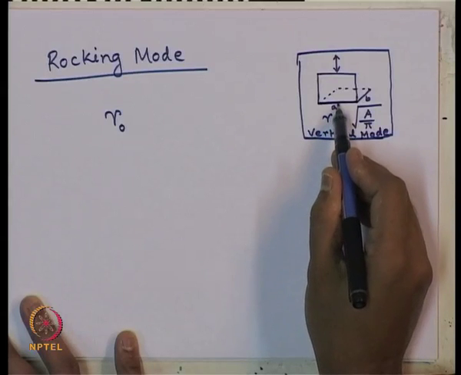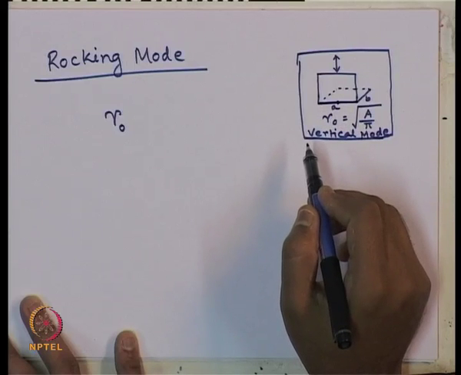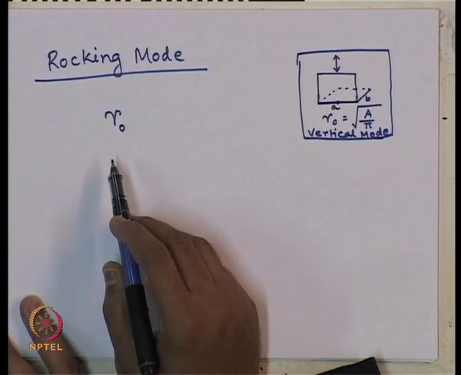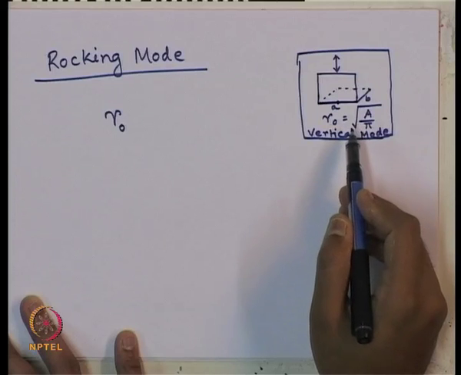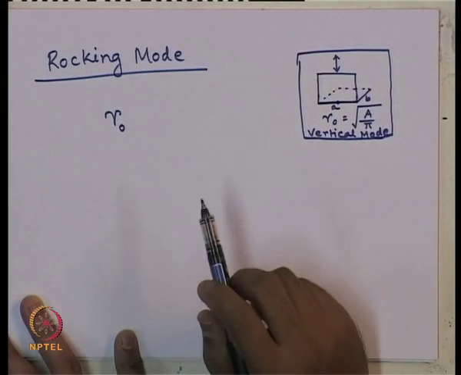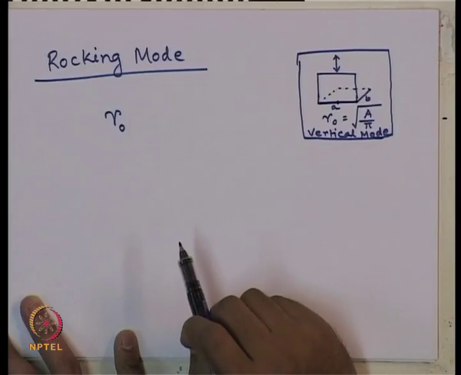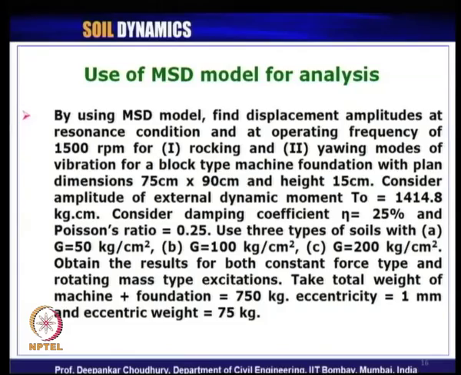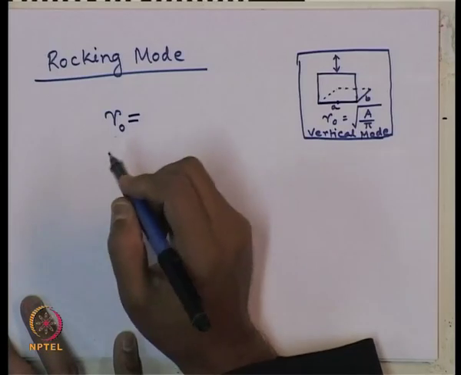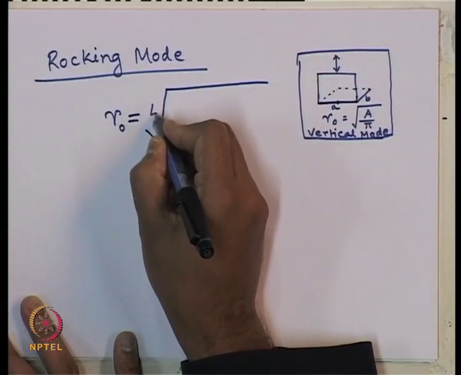In case of rocking mode, it is going to rock about say center line of this axis. So, we have to find out equivalent radius by equating not the area, but area moment of inertia for a rectangular footing with a circular footing. Is that clear? So, in this case, what we are finding out, the R naught should be by equating the area moment of inertia.